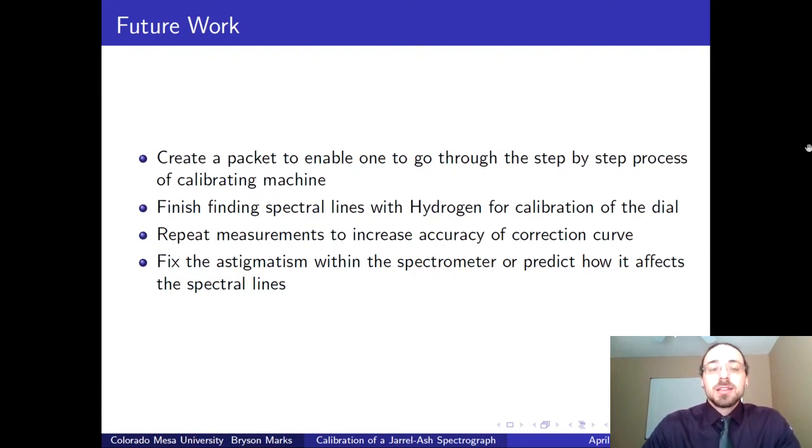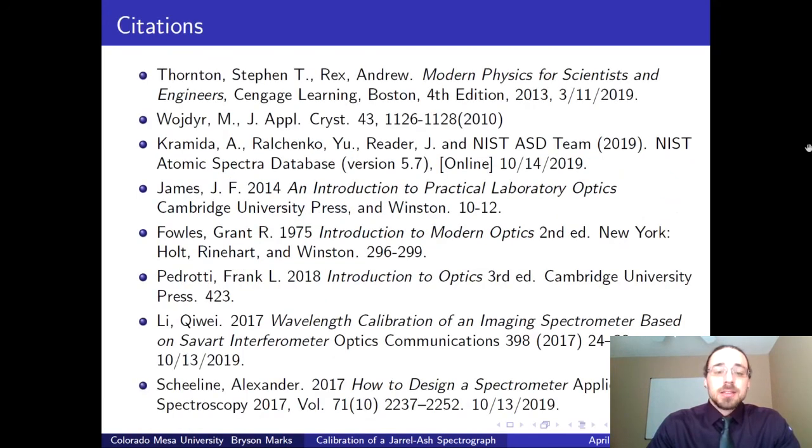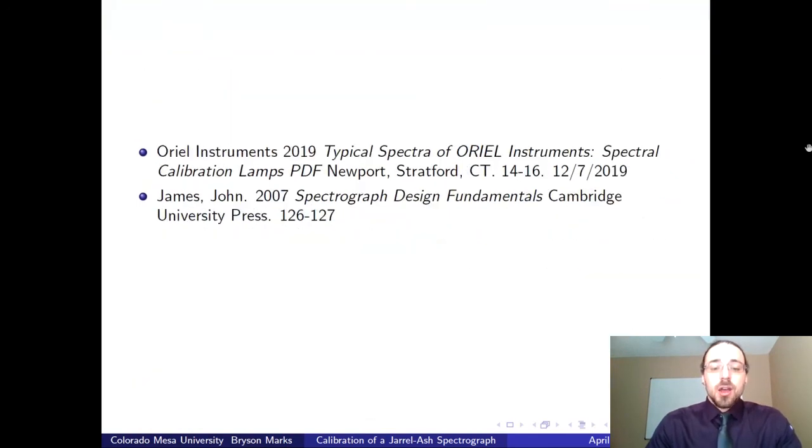I also need to repeat my measurements to increase the accuracy of our correction curve. And I also need to either fix the astigmatism with the spectrometer or predict how it affects our spectral lines. With that being said, I will show you guys my citations and let you go.